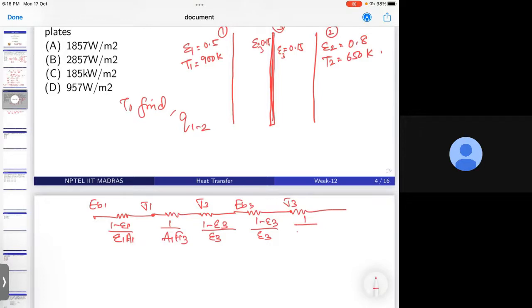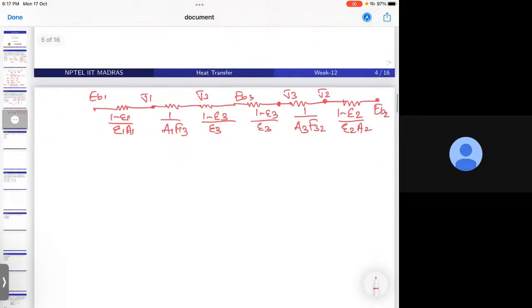Then we have the space resistance from 3 to 2, and then the surface resistance of the other plate 2. So these are the total resistances. So first we calculate the total resistance.